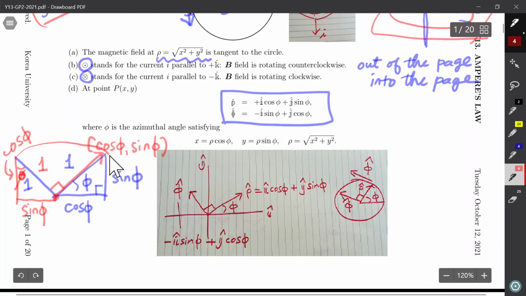If it is a unit circle, the coordinate of this other point is minus sine phi, cosine phi.